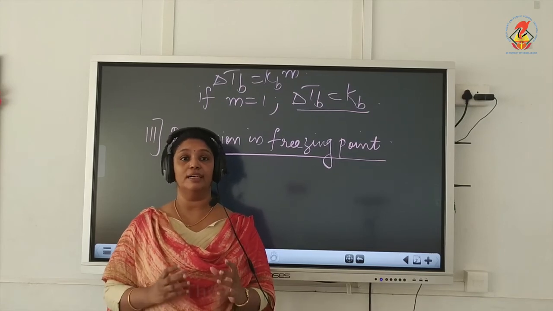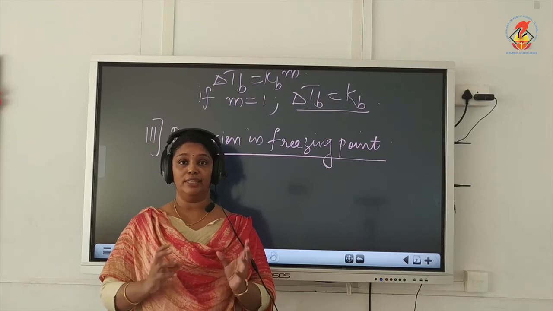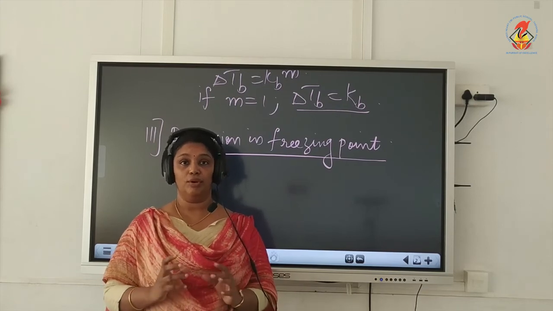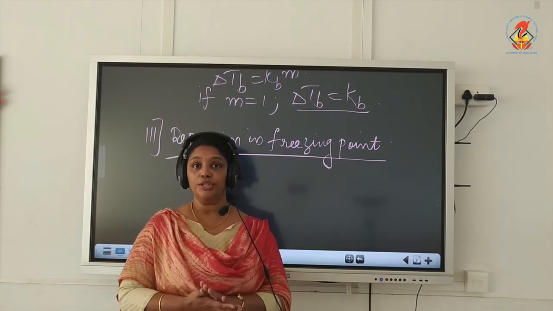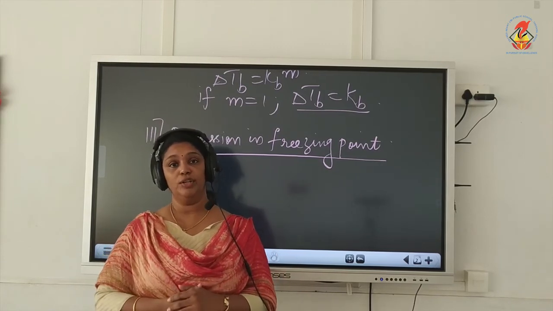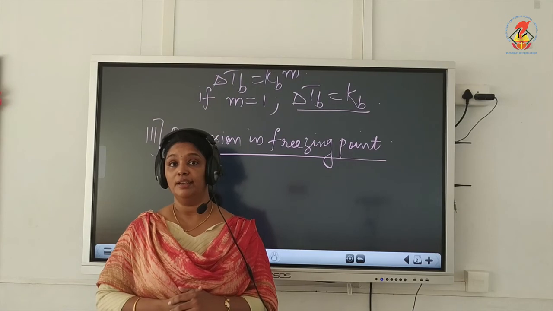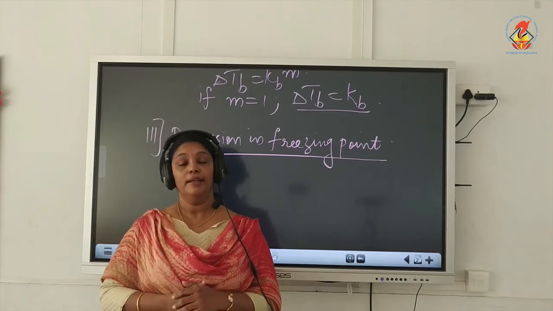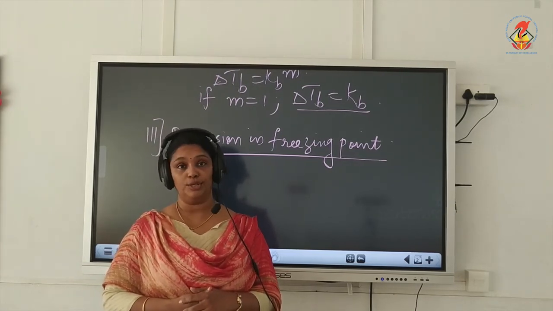Suppose you consider an ice-water system, ice and water in equilibrium. Now I am going to add a non-volatile solute to this. We know that the vapor pressure of the solution decreases. Now I want to freeze this solution.